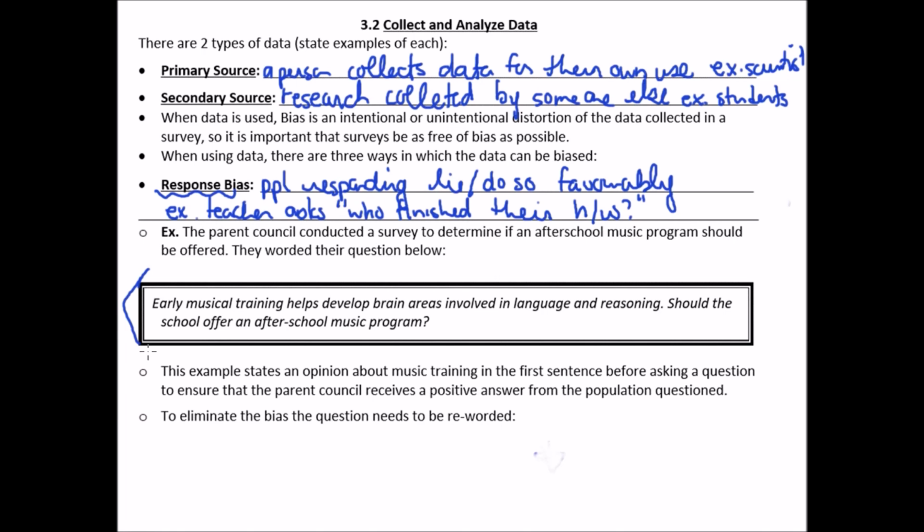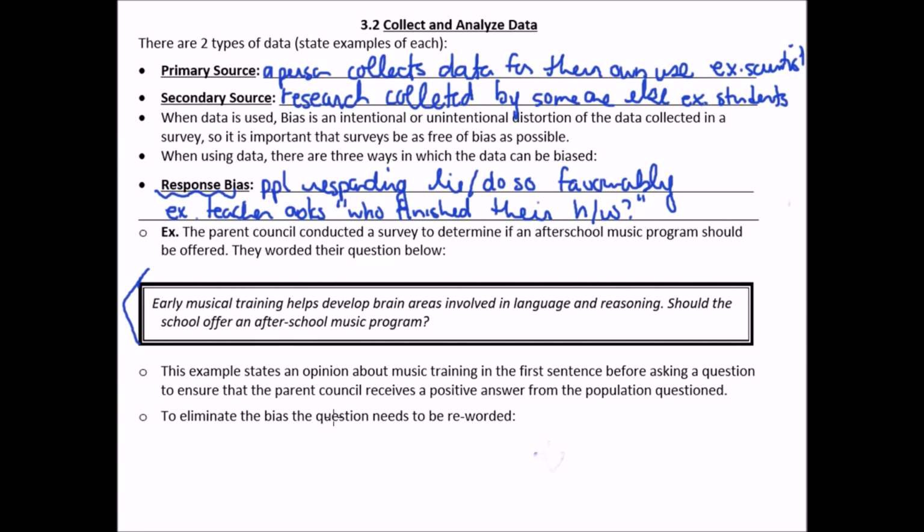Should the school offer an after-school music program? The example states an opinion first, a very positive opinion before asking the question, to ensure that the parent council receives a positive answer from the population.